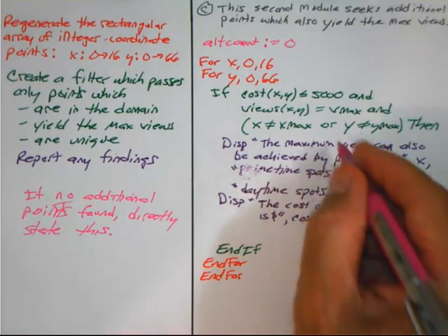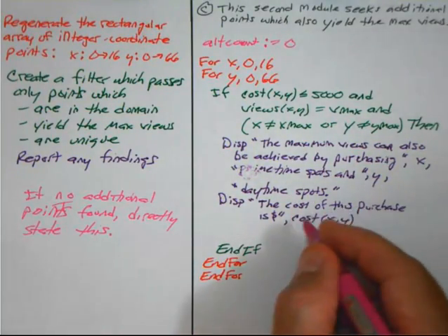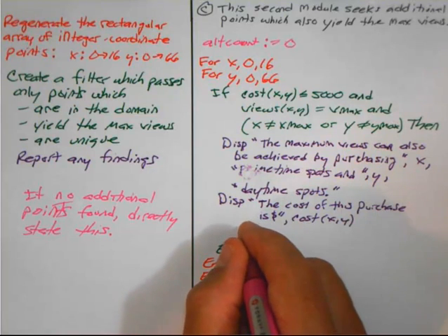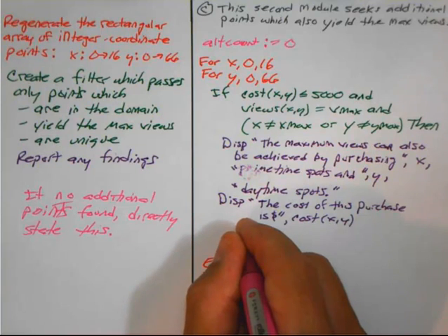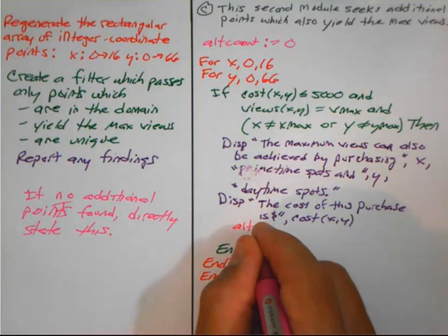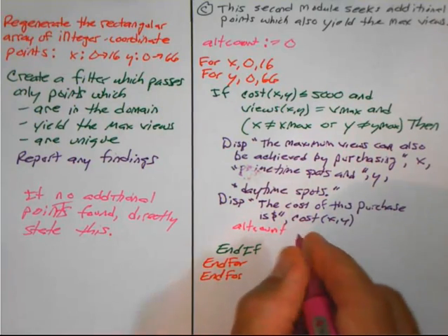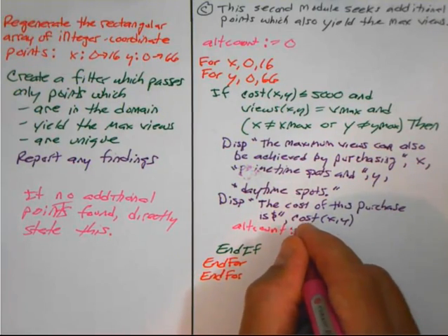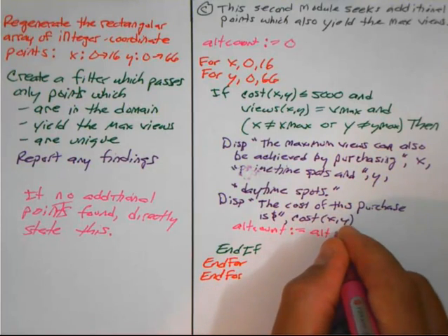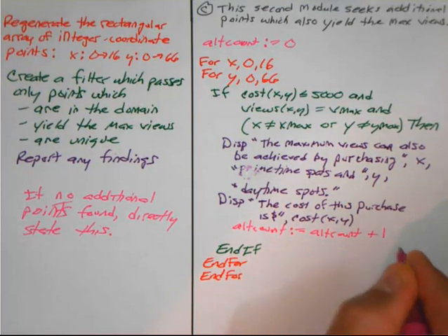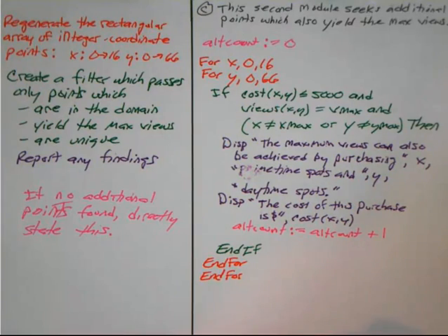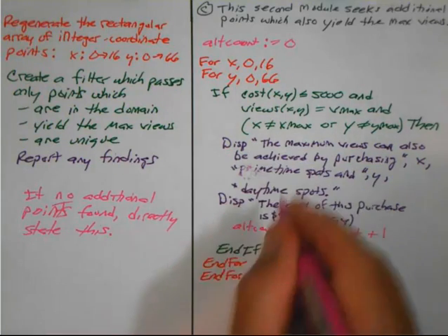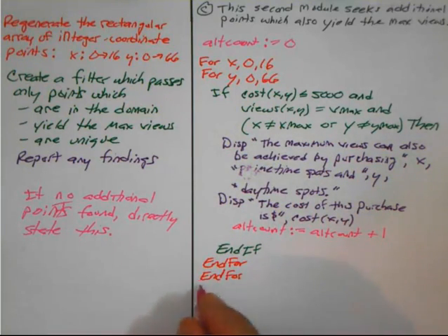Now if something goes on and we get into this interior portion of the loop, we might go here and have alt count kicked up a notch, so we do that by a statement that says alt count assigned to be alt count plus 1. Okay, now if we get through this whole program and nothing ever gets into this loop, when we get out of these counter loops, alt count will still equal 0.